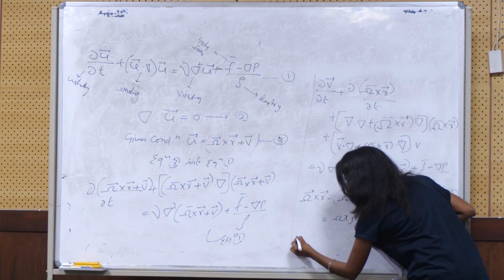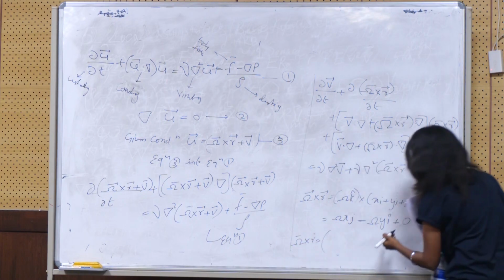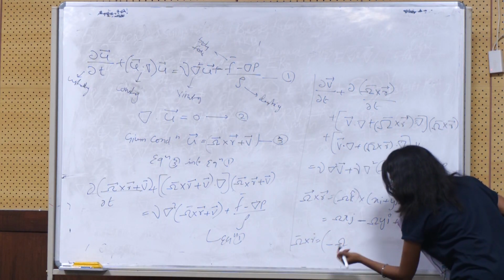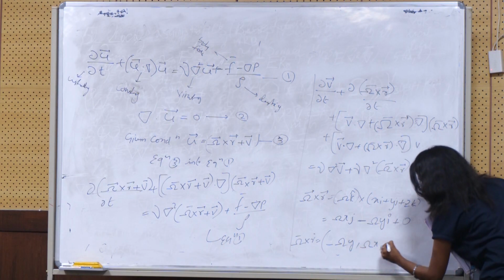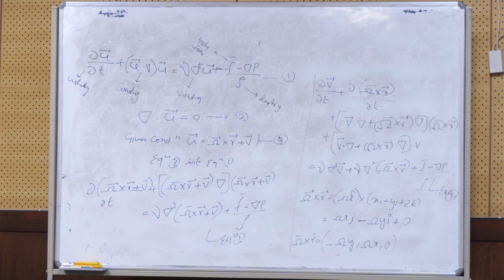Now omega cross r is minus omega y for the i term, omega x for the j term, and the k term is 0.